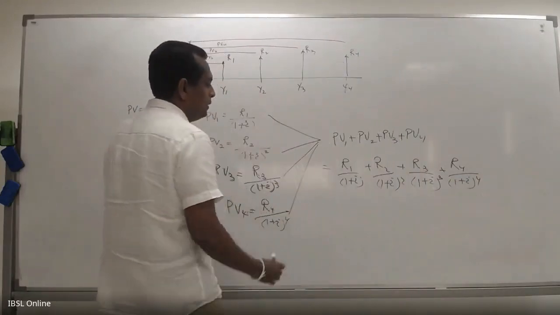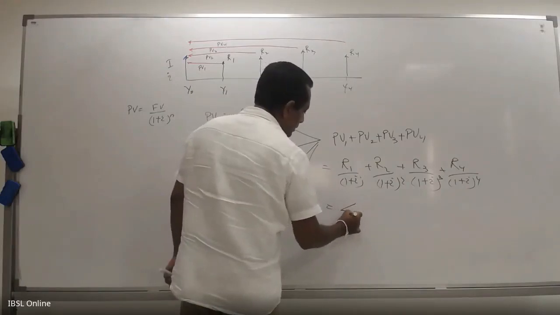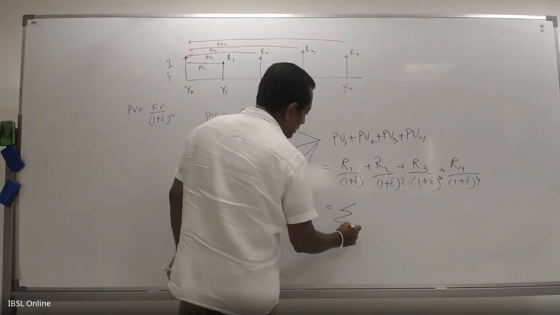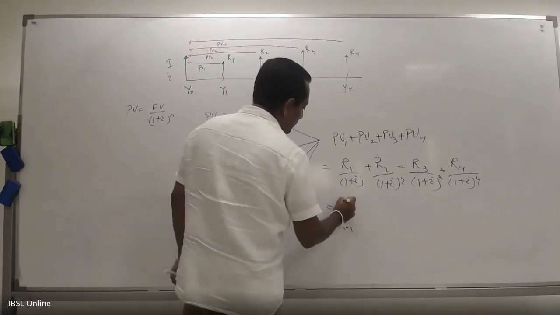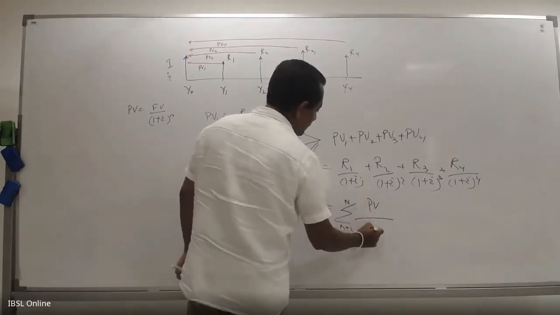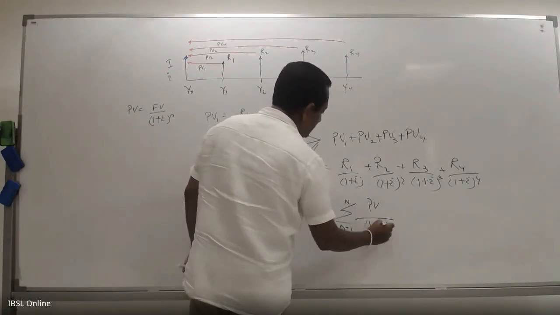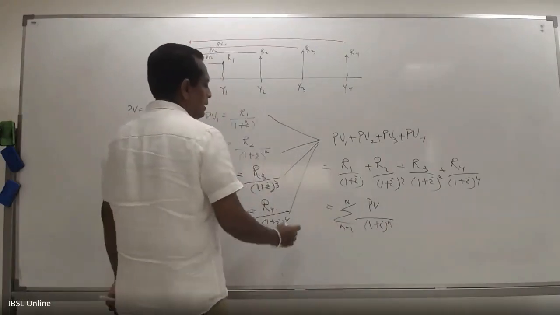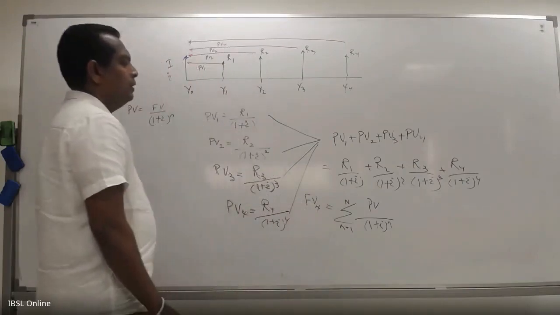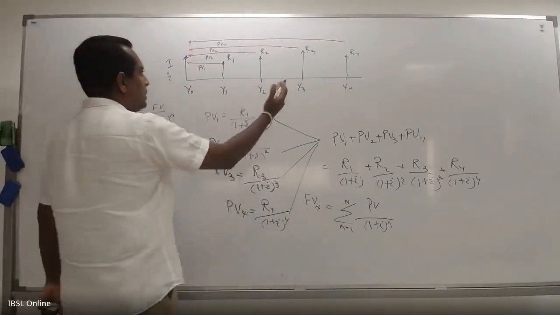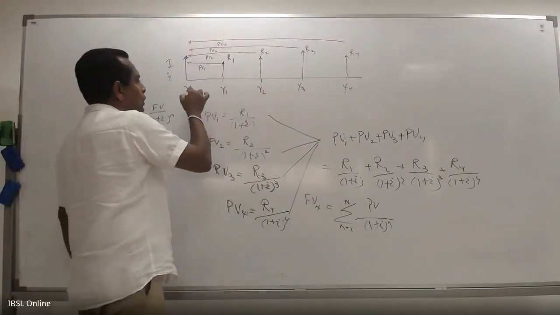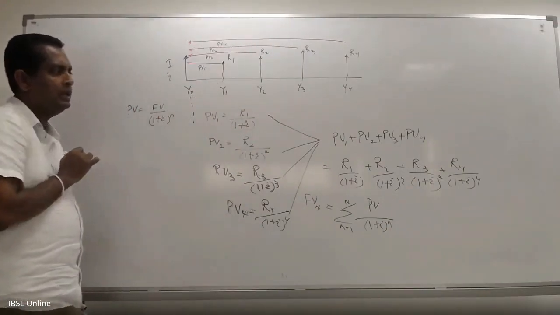Right? We can write the same thing as sigma n equals 1 to capital N of future value divided by 1 plus I to the power n. So you bring down all the future cash flows to today's value, right?